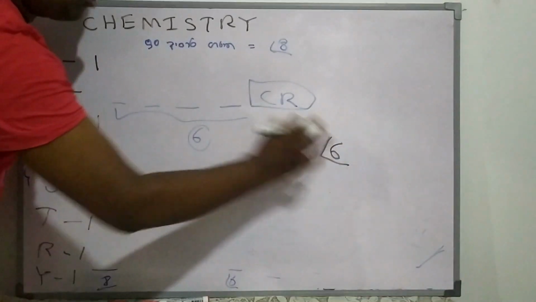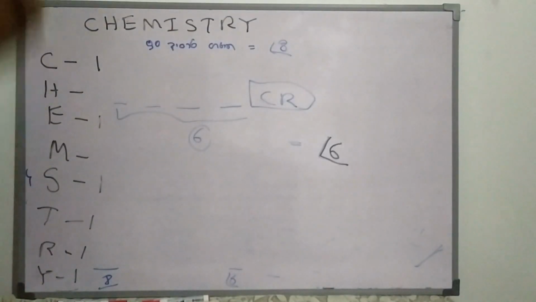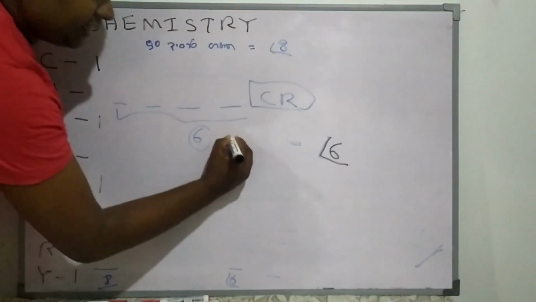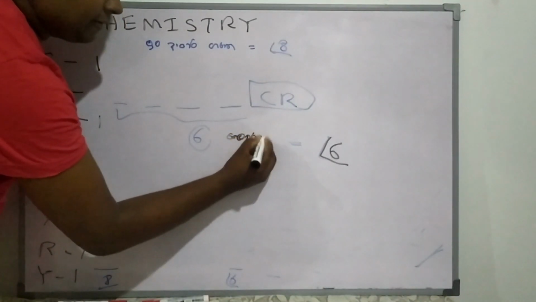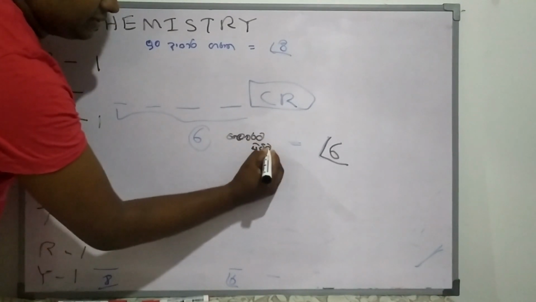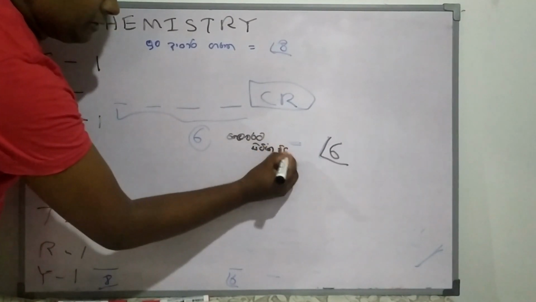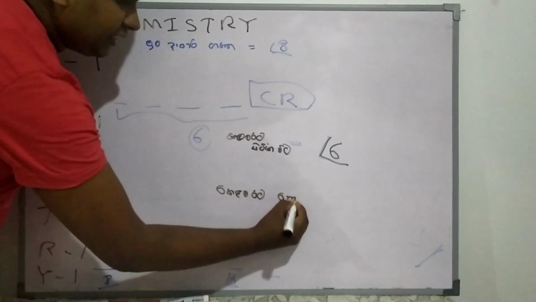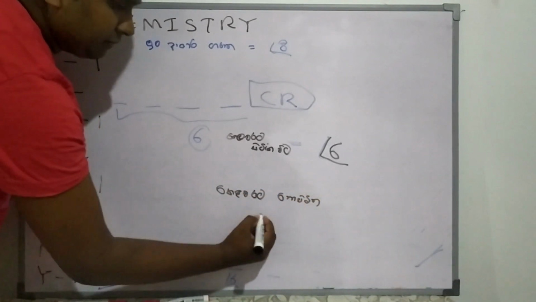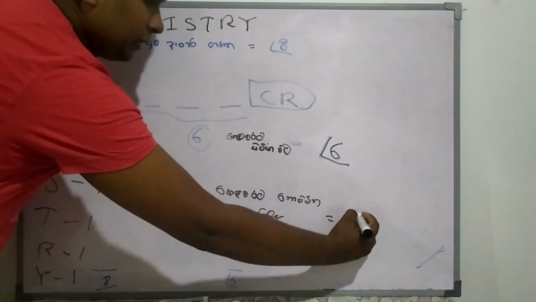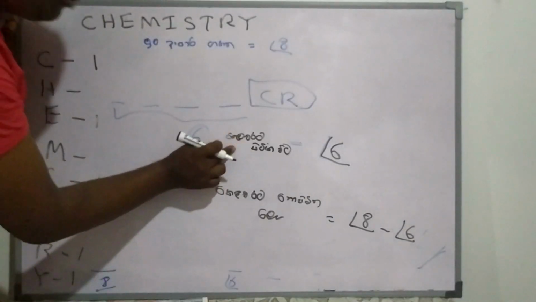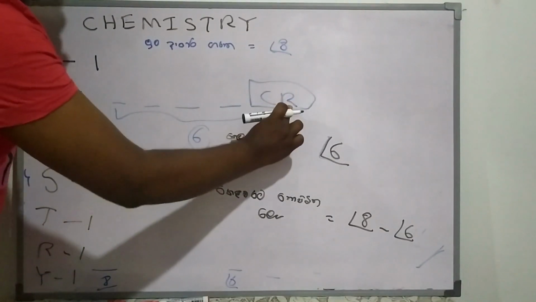And CR is on the corner, right? And we need CR not in the corner. So we take the total number of arrangements from the previous row number, factorial 8, and deduct the CR corner case.